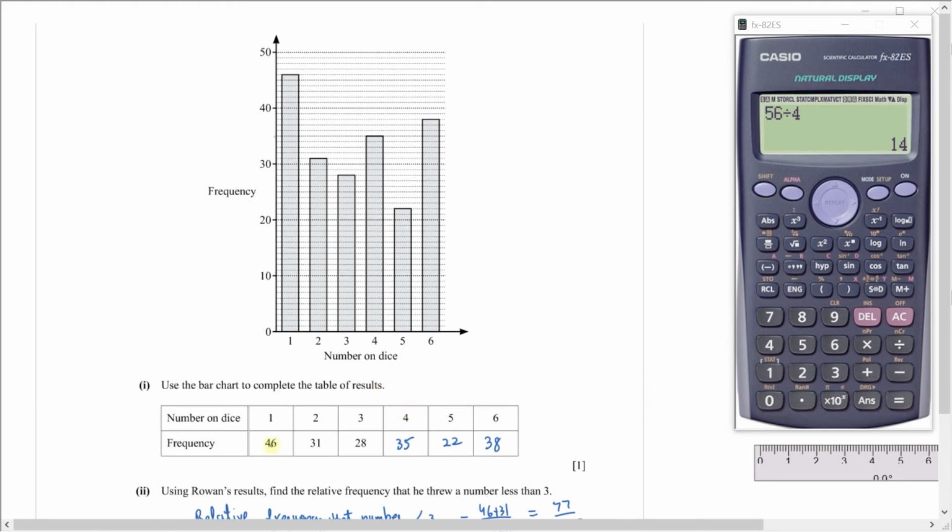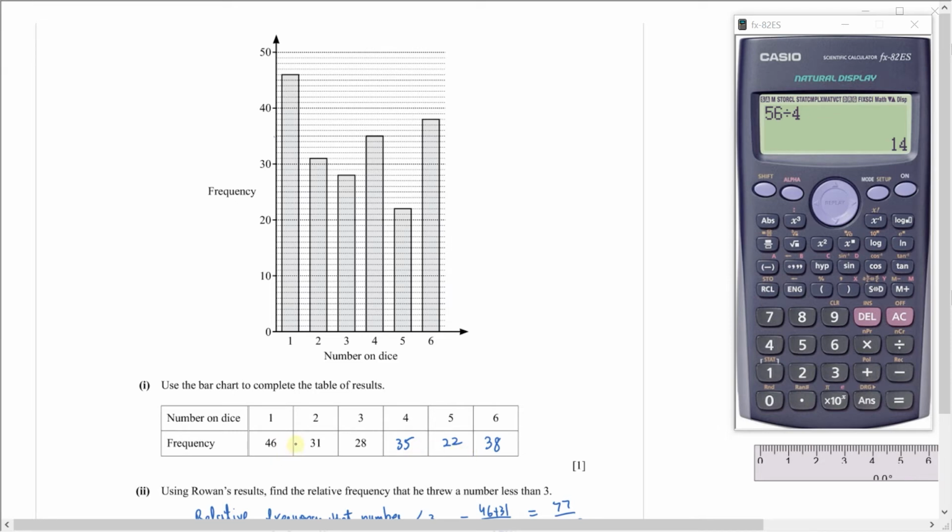And then the second point that you can make is if this was a fair dice, your frequencies would have been equal, or your relative frequencies should be equal, because Rowan will basically have the same chance of getting the number 1 on the dice, the number 2 on the dice, the number 3 on the dice. So if the dice was fair, all of these frequencies should be equal.